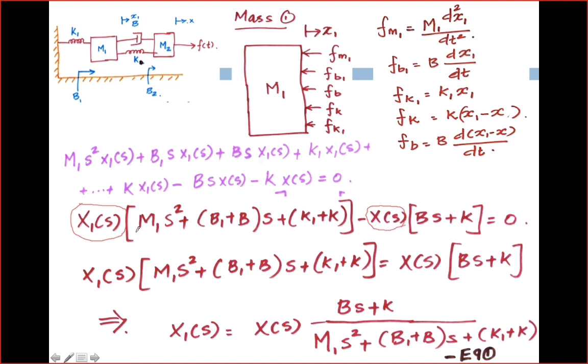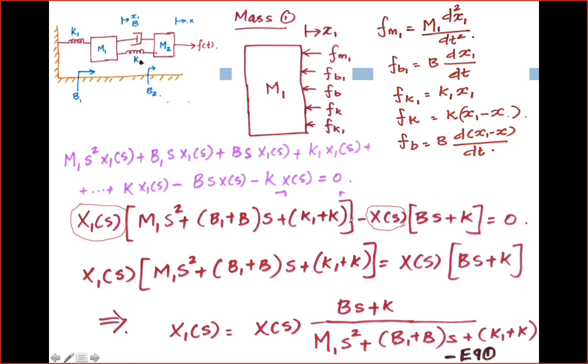When I take X1 of s outside, I get m1 s square plus b1 s plus b s plus k1 plus k, minus, when I take X of s outside, b s plus k, which is equal to 0.